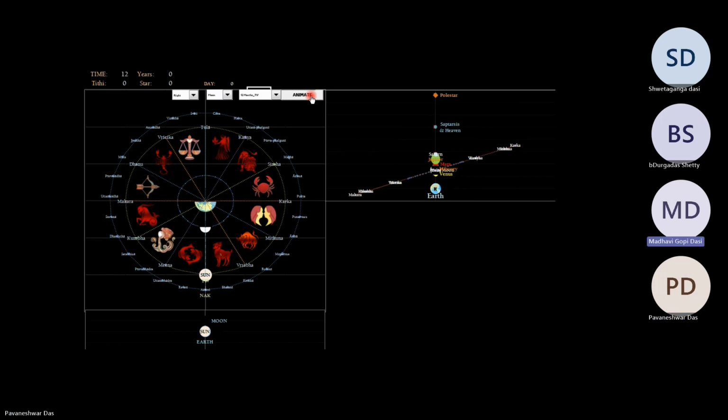Prabhuji, in this second one on the right-hand side, what I'm seeing now is that the Earth position is down. With respect to Earth, whatever inclination of this chakra is there, in which all these are moving, does that inclination remain the same?